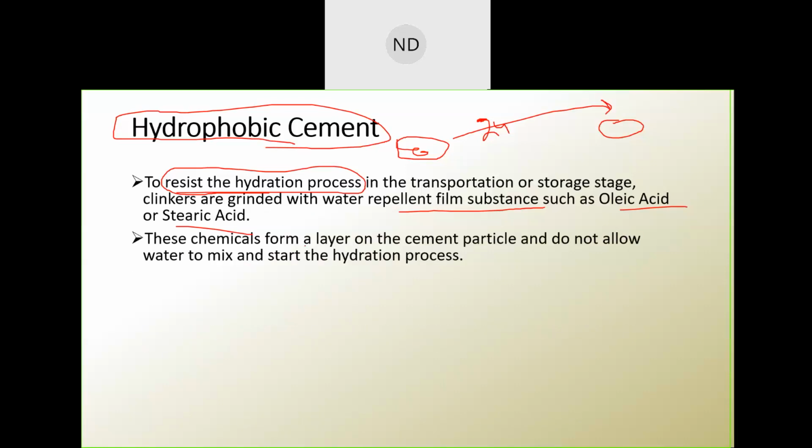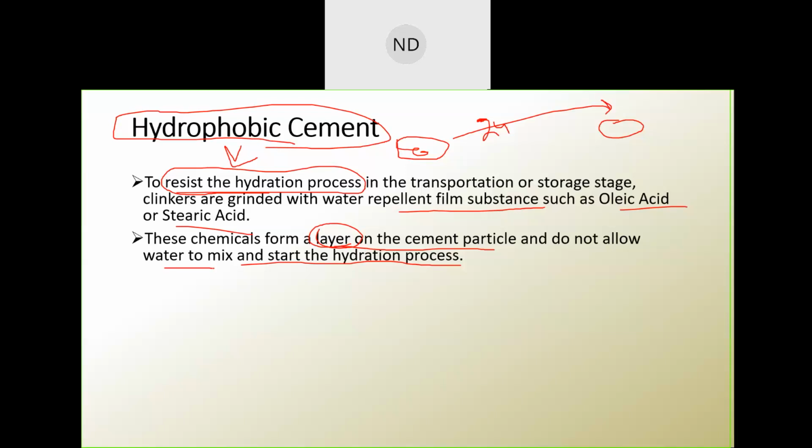These chemicals form a layer on the cement particle. How does hydrophobic cement resist the hydration process? Because it has some chemicals which form a layer on the cement particle and do not allow water to mix and start the hydration process. This layer on top of the cement is such that your particles do not mix together. Your water will not mix with the aggregates or the binding materials.